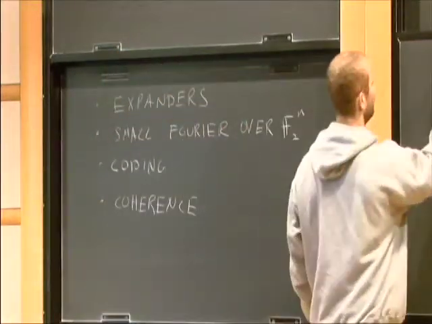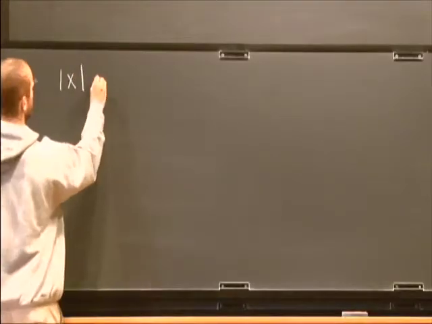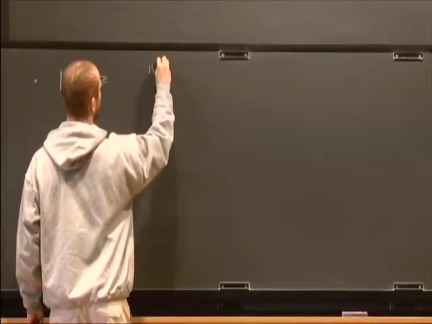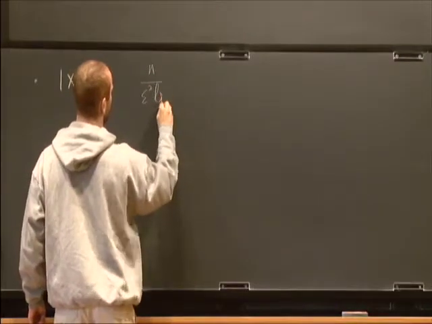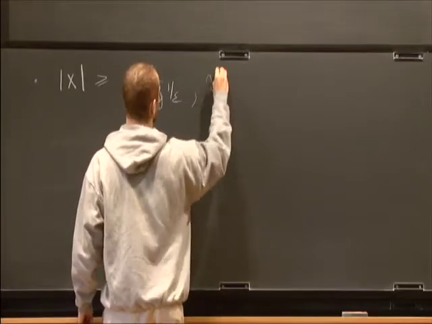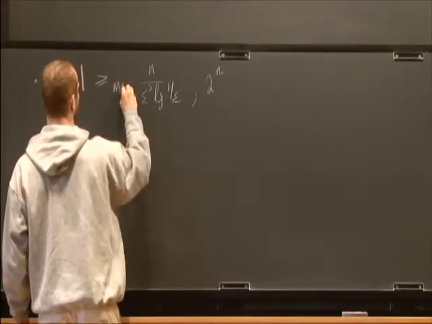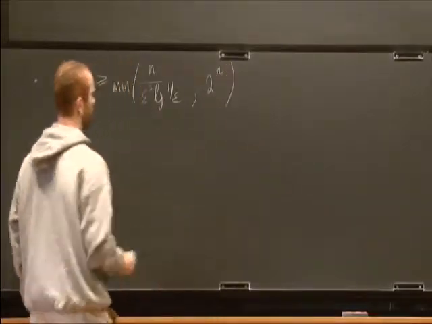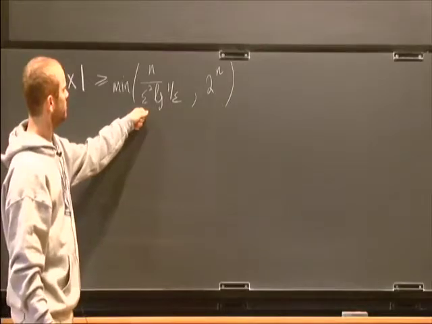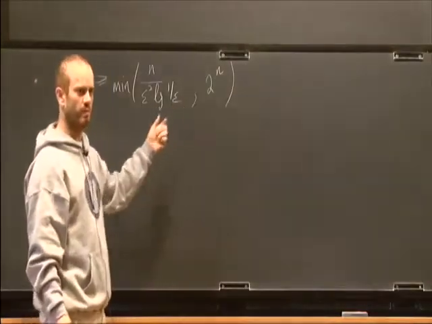Before giving a specific construction, there is a lower bound on the size of such a set X. The size of such a set is always at least this number or this number, the minimum between the two.